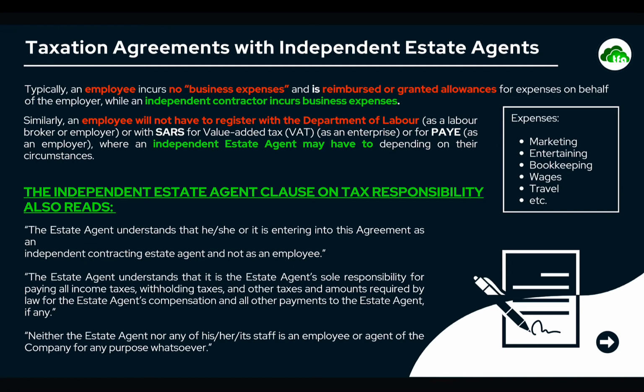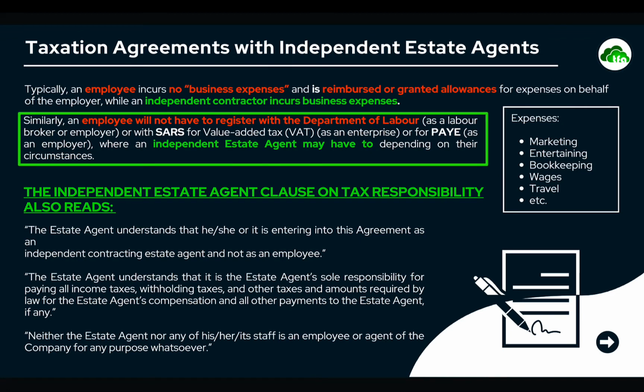Typically, an employee incurs no business expenses and is reimbursed or granted allowances for expenses on behalf of the employer, while an independent contractor incurs business expenses such as advertising, entertainment, bookkeeping, wages, travel, etc.